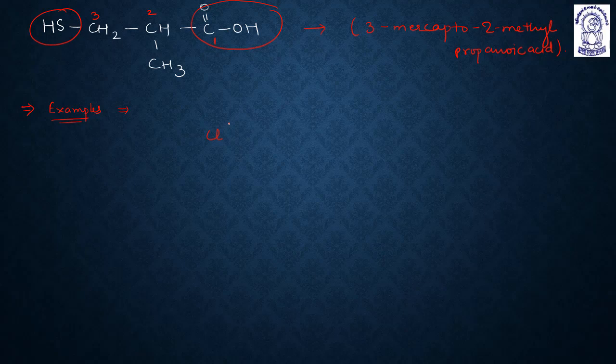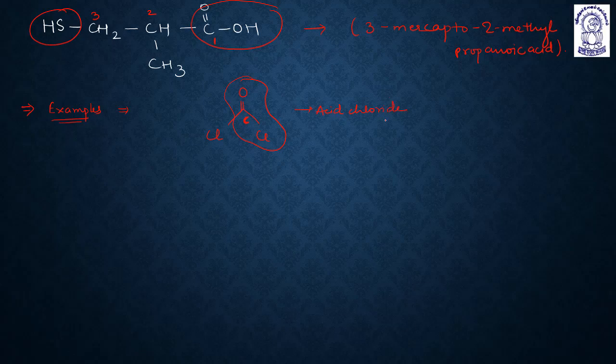For example, if the compound is this, so this is carbon and two other chlorine atoms. So COCl, this is the group which is known as what? Acid chloride.